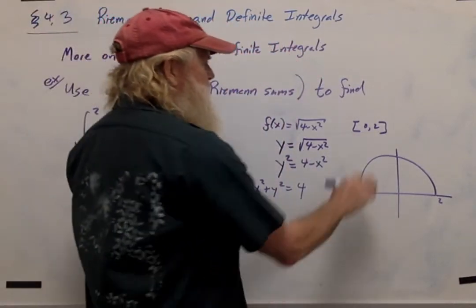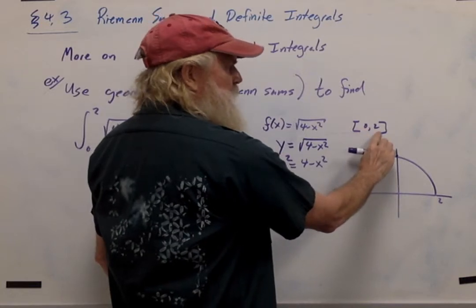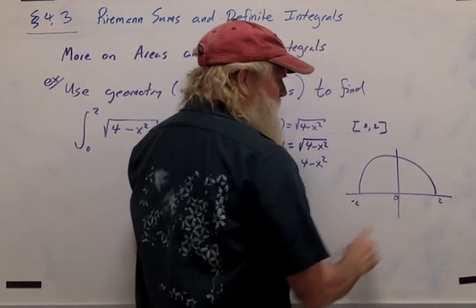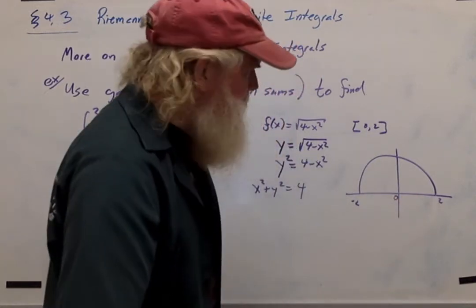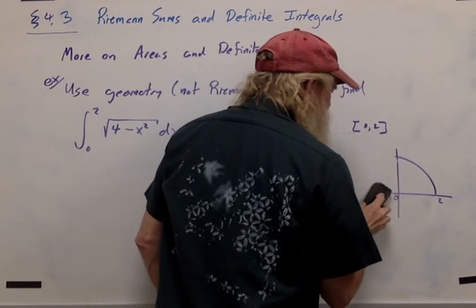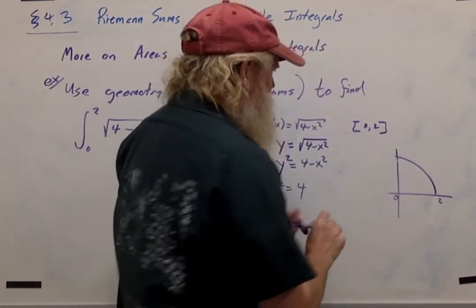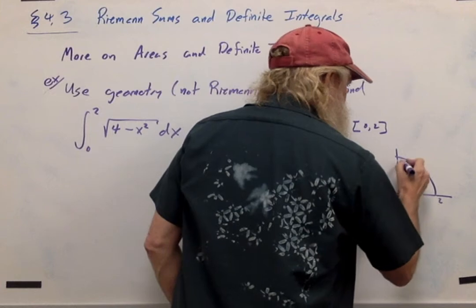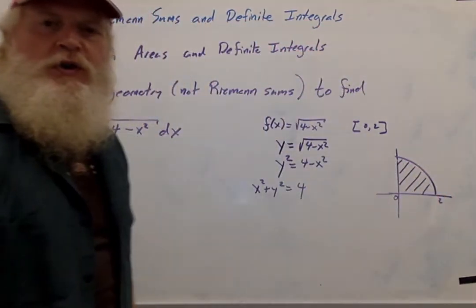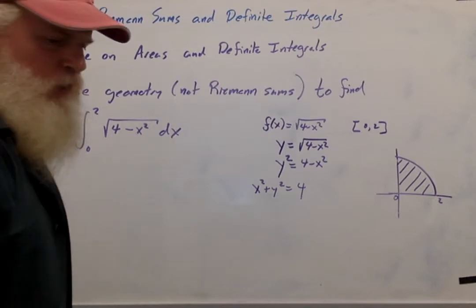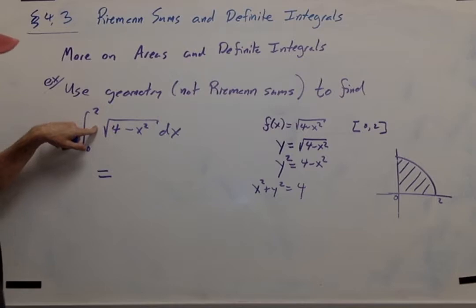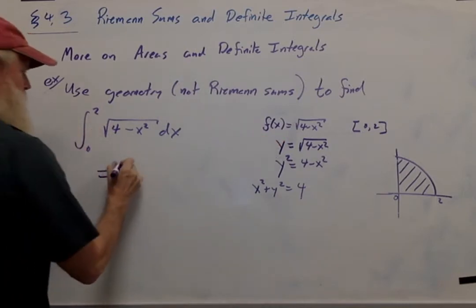Further, since I'm only going between 0 and 2, I only want the part of the circle which is on the interval between 0 and 2. So I can take this part away as well. If I were to shade the region whose area I'm looking for, it would be this quarter circle in the first quadrant. So the value of this integral is the area of that quarter circle.